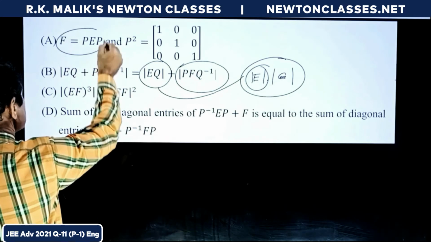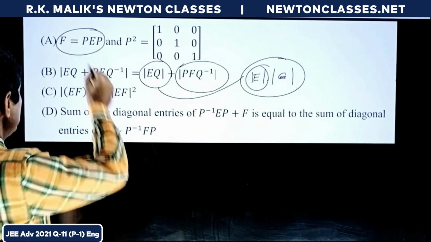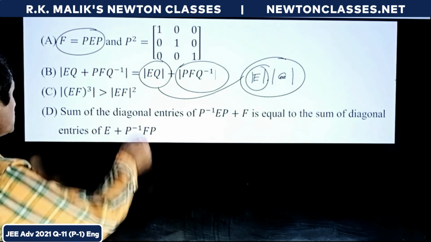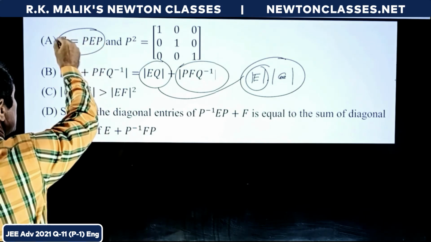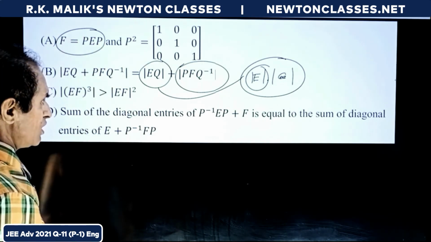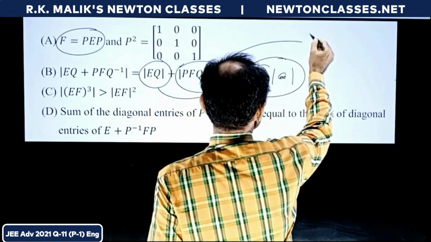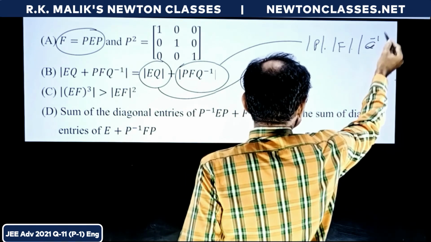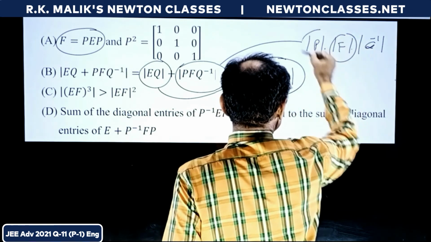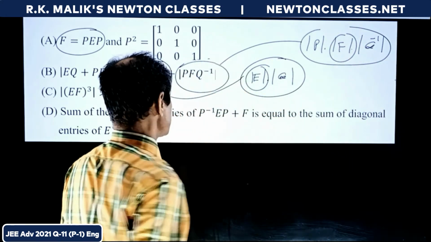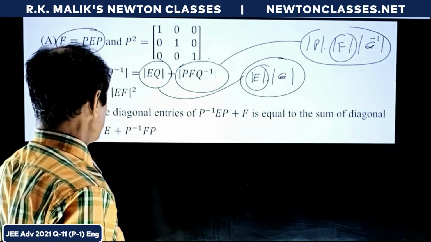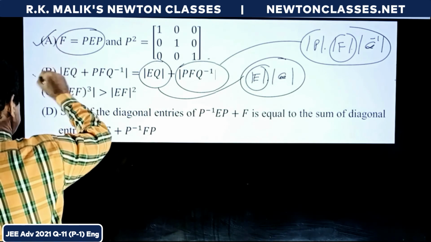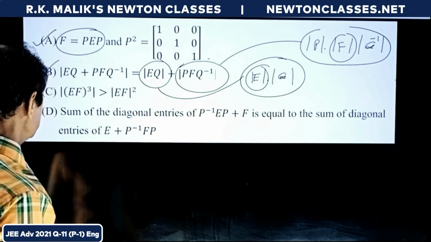From here, it is clear that determinant of F will be determinant of P into determinant of E into determinant of P, that is determinant of E 0, therefore determinant of F will also be 0, and the value of this becomes determinant of P into determinant of F into determinant of Q inverse, and because this being 0, the whole becomes 0. Therefore, the value of this also becomes 0. Therefore, both are equal. Hence, A and B both are correct choices.